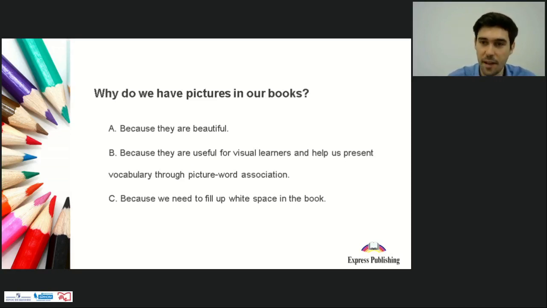So hopefully many of you will have picked answer B. Of course, we use lots of different pictures in our books to help our visual learners and help us present vocabulary through picture-word association. I'm sure you're all very aware of differentiated learning styles. Different learners have different learning styles.